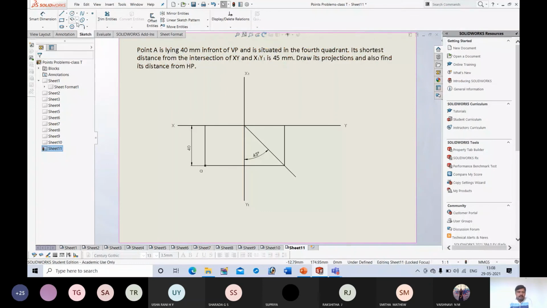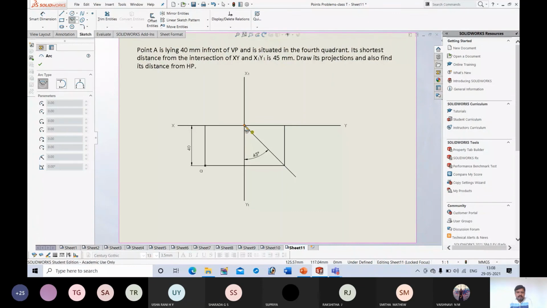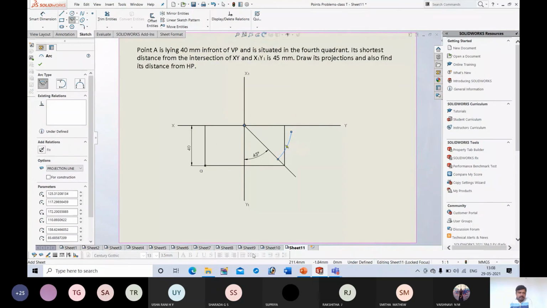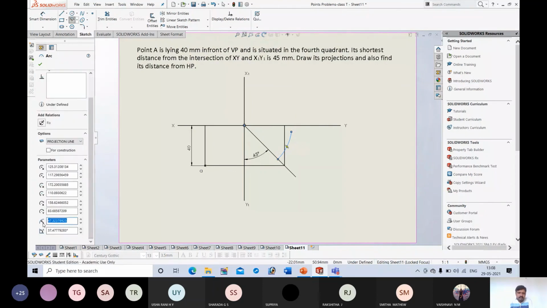So again, you should use a compass. I will use the center point arc command. This is the center. I should draw an arc. The radius should be 45, so I will take radius as 45.